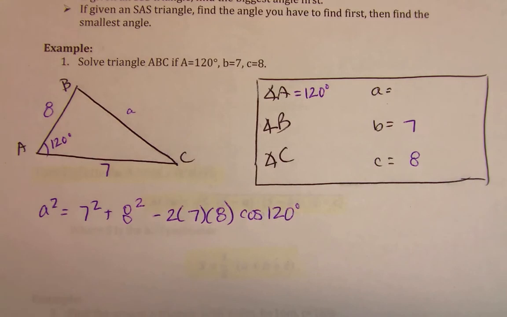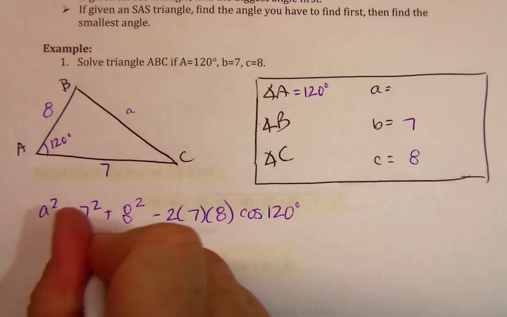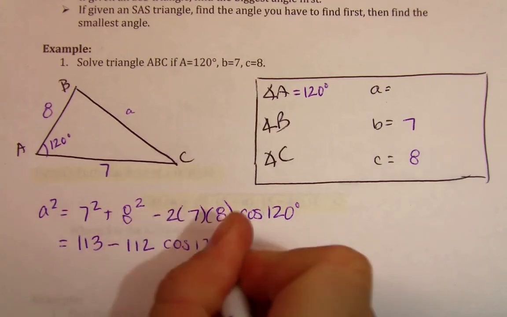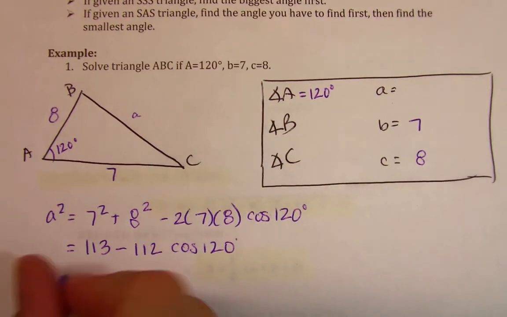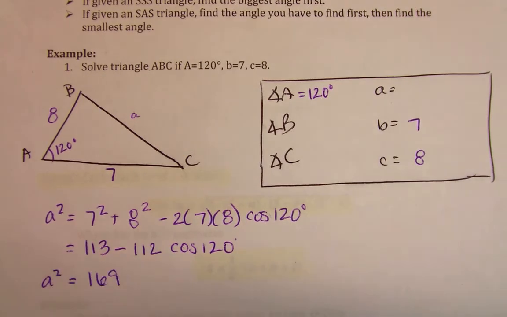And then it's just a matter of simplifying all this information. This is 113 minus 112 times cosine of 120. And when I type all of that in my calculator, I have A squared equals 169. So A equals 13.